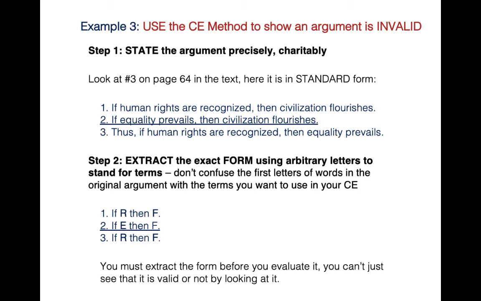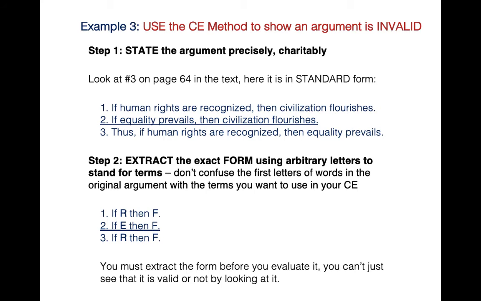And then you go in and check the facts, the alleged facts, the sources of the claims, the evidence, allegedly. I have no idea whether if human rights are recognized, then civilization flourishes. Certainly optimistic people think so, right? It's speculation to say this is the case.